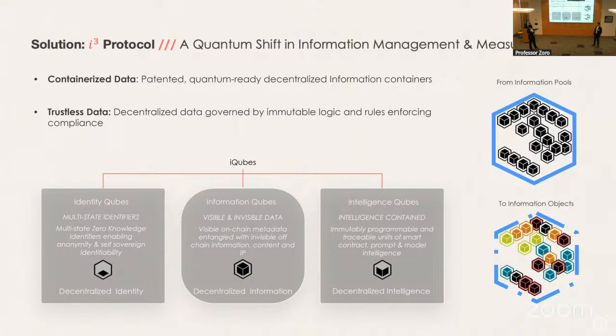Our main focus is on the information cubes that might have visible and invisible data. On a blockchain platform, you can find the metadata of the iCubes, but you won't be able to find the information behind that until you transact, so that you exchange some form of money and we can gain something on that.